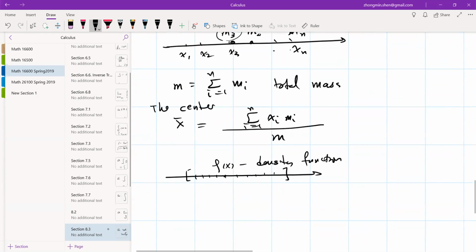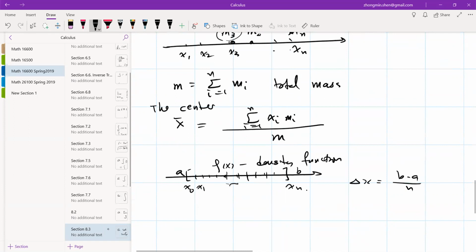Assume here's x0, x1, and here's xn. So delta x is going to be b minus a over n. This is point a, that's point b. So you divide this whole piece into many slices, many pieces.